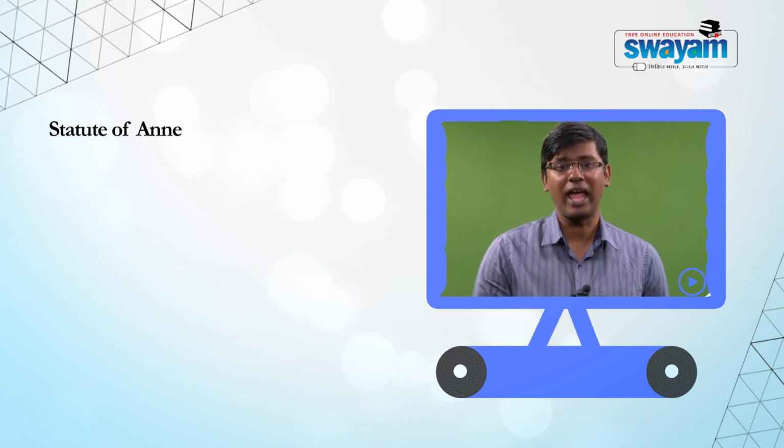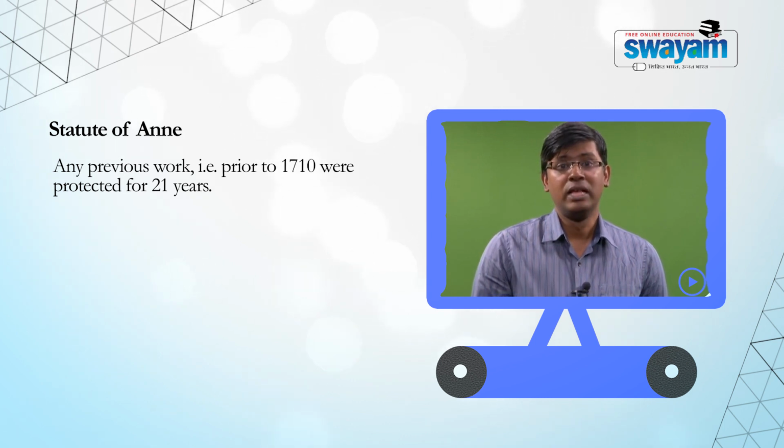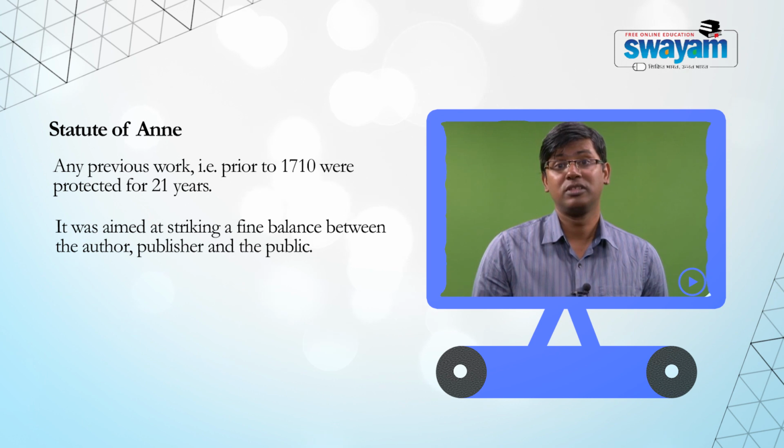Subsequently, any previous work, that is, any work that was written prior to 1710, before the Statute of Anne came into force, was also protected for a period of 21 years. So the Statute of Anne was largely aimed at striking a fine balance between the author, publisher, and the public.